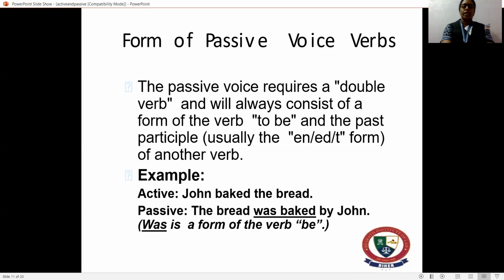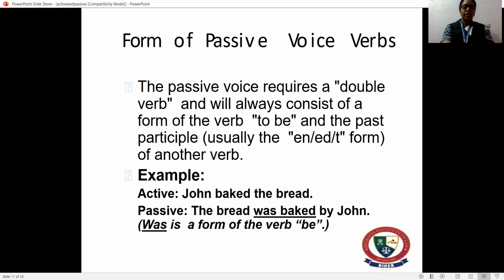And another important factor is the past participle, that is V3: V1, V2, V3, present, past, past participle. So the V3 form should always be used when we change from active to passive. So these two rules need to be followed.